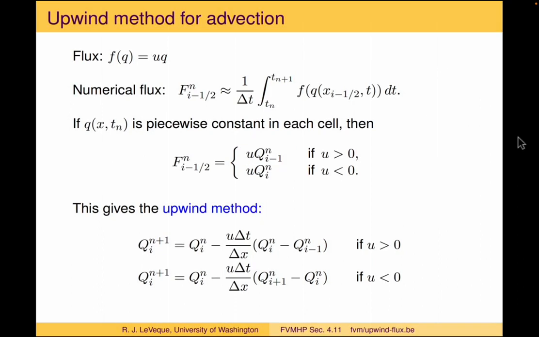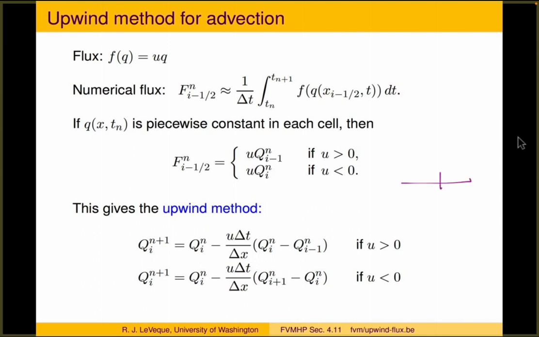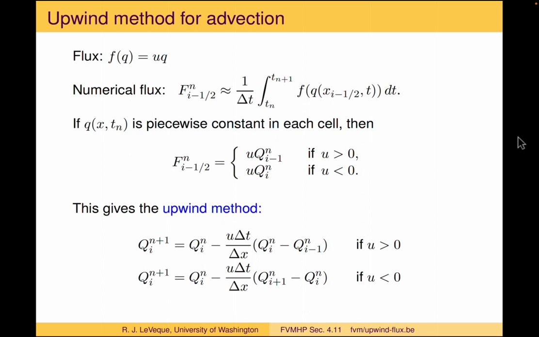If, on the other hand, u is negative, then we have a single characteristic going to the left at speed x over t equals u, and in that case the value along the interface would be the value to the right, Qi, rather than the value to the left, Qi minus 1. So using that flux function gives the upwind method, which looks slightly different depending on whether u is positive or negative.